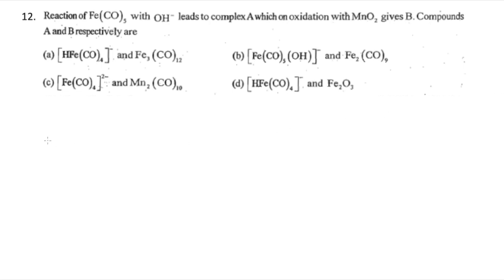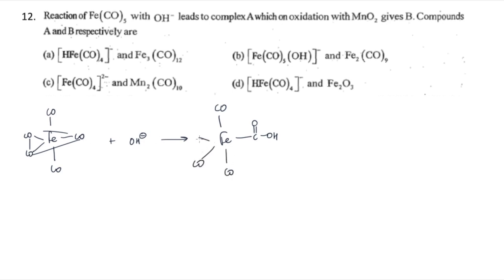So you have Fe(CO)5, right? Let me just draw that, and you are treating it with OH minus. So what I'm going to get is Fe with CO, and COH. The OH has bonded to the carbon because that is the nucleophilic center over here, and the rest of the COs are as they are.